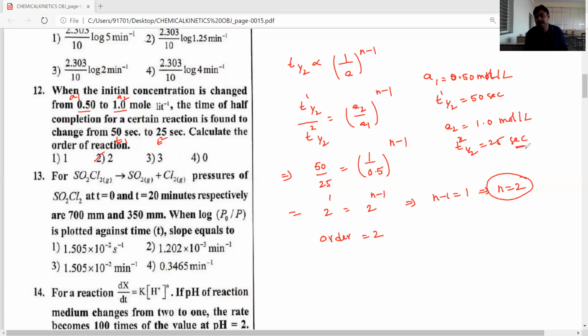We have to find the n value, n means the order of this reaction. The relation between initial concentration and half-life period is t half is inversely proportional to 1 by a to the power of n minus 1. According to that formula, we are calculating the order of the reaction. Okay, let's see the 13th question.